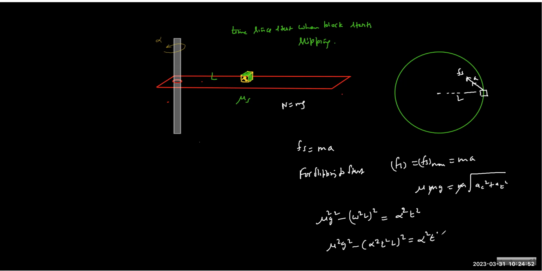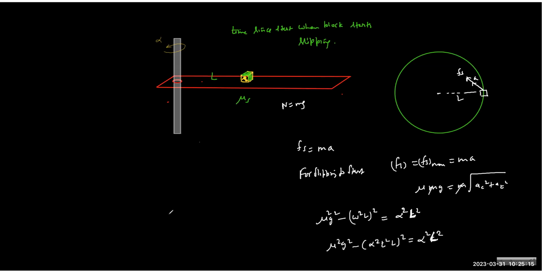Mu into n equals m into L. That one is a mistake. Now you wrote alpha square t square, that should be alpha square L square. Now it's easy.